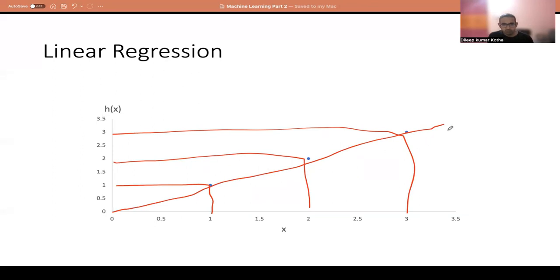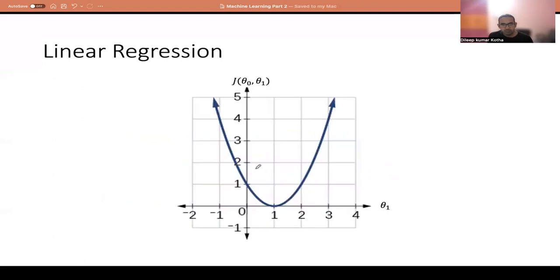Now, what will be the cost function for this? As you vary theta 0 and theta 1, when theta 0 is 0 and theta 1 is 1, we got the correct hypothesis. With theta 0 we are not representing here, but when theta 1 is 1, we got a correct hypothesis.